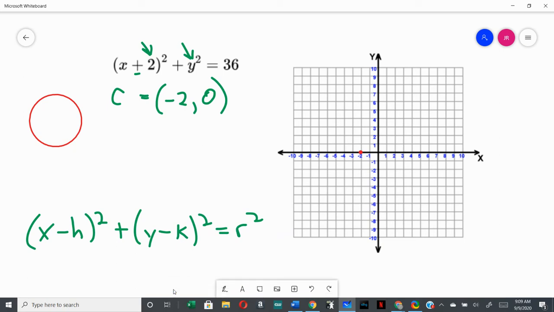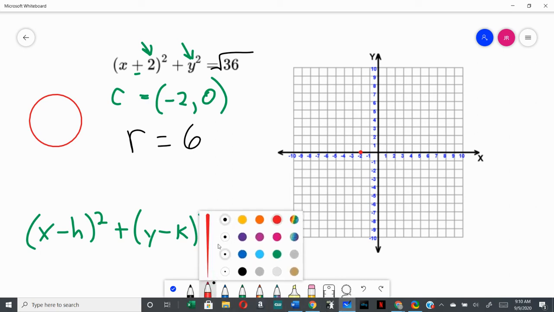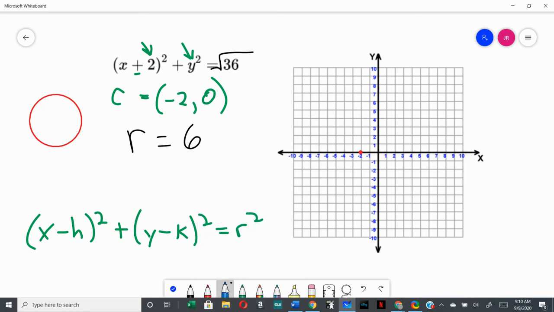Then I'm going to find my radius. My radius is the square root of 36, which is 6. So I'm going to count 6 units in all 4 directions again. Let me change my color and make it blue this time.